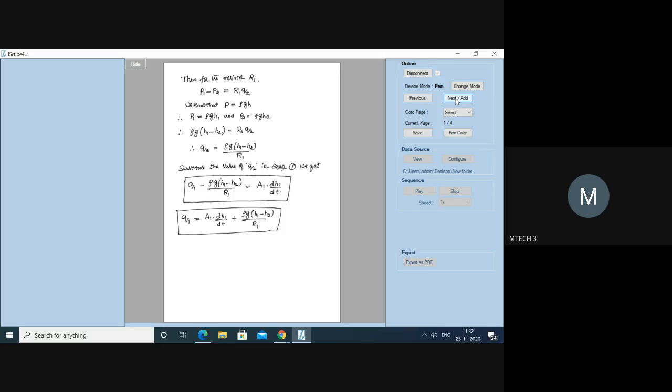Now, below this you write: this equation describes how the height of the liquid in container 1, that is H1, depends on the input rate of flow.